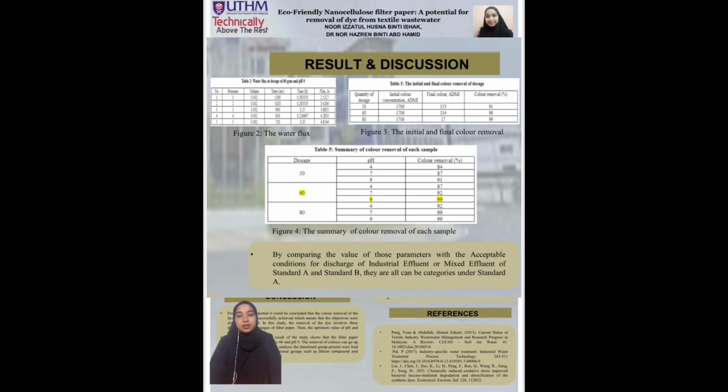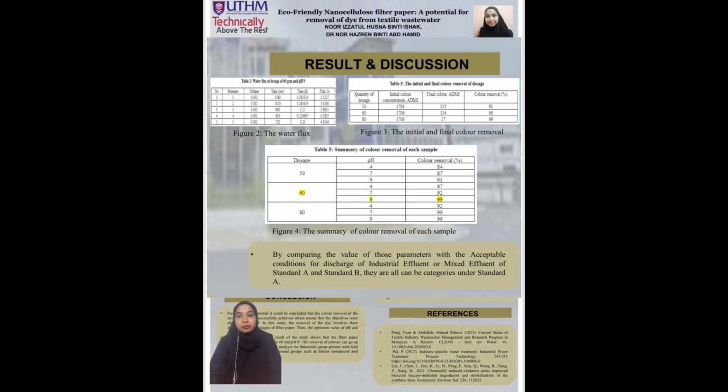The turbidity recorded is 5 NTU compared to the initial reading, which is 1706 NTU. Next, the COD value also decreased from the initial COD of 378 milligram per liter to a final COD value of 52 milligram per liter.